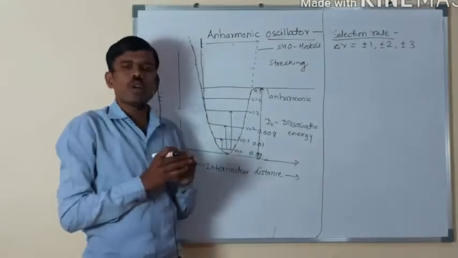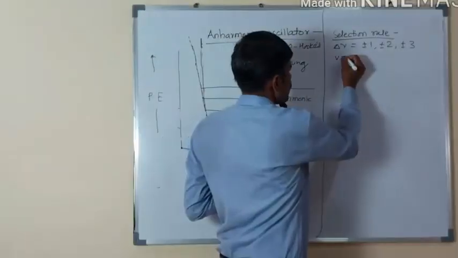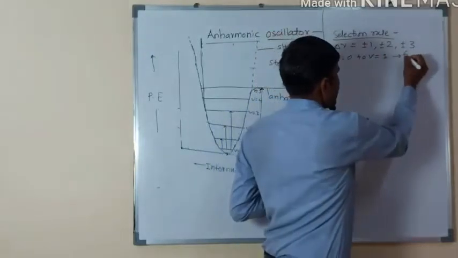The band which is observed in the spectrum due to the transition from V equal to 0 to V equal to 1 is called the fundamental band.